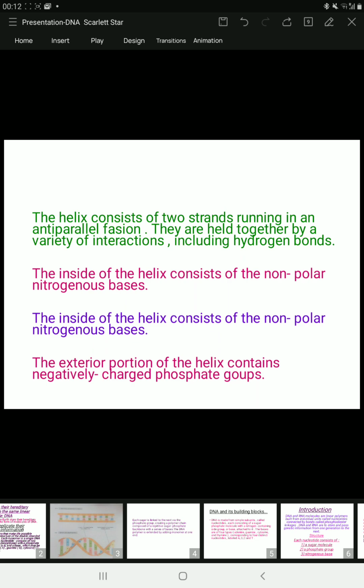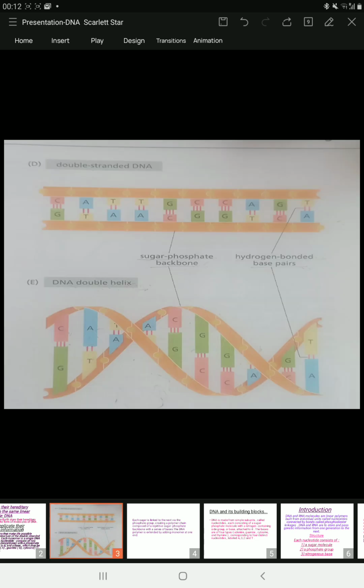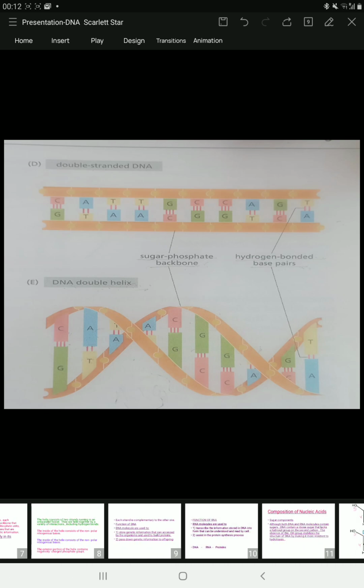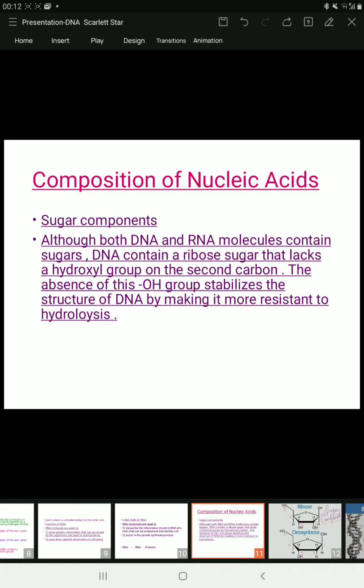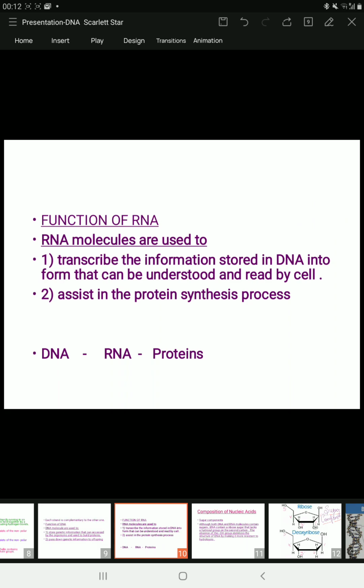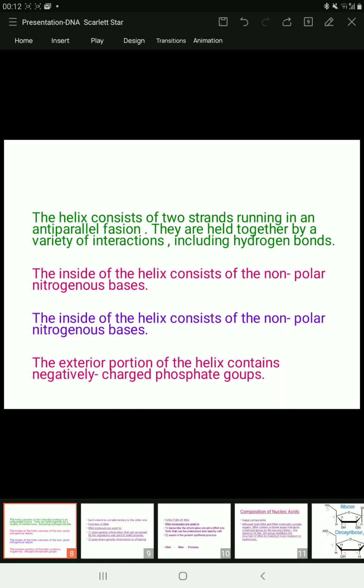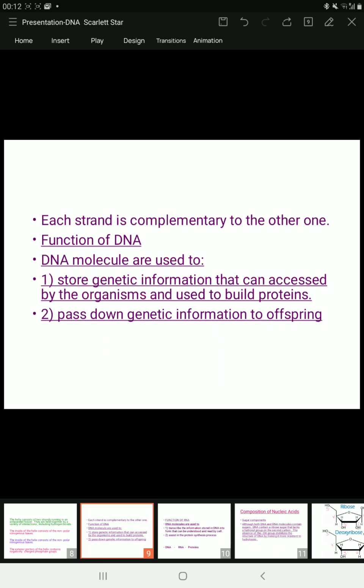That's why DNA is said to have a negative charge on the outside, and it is due to the phosphate groups. So where are the phosphate groups? At the outside of the DNA.